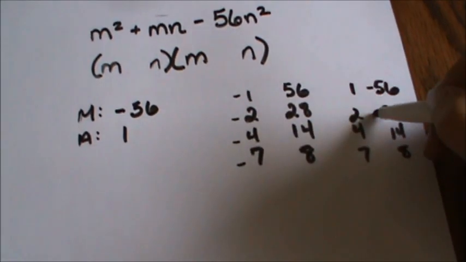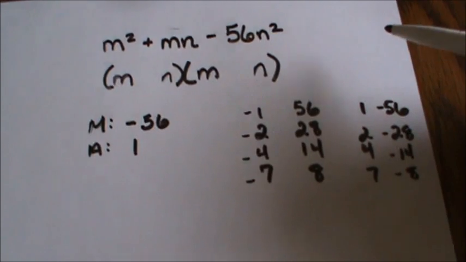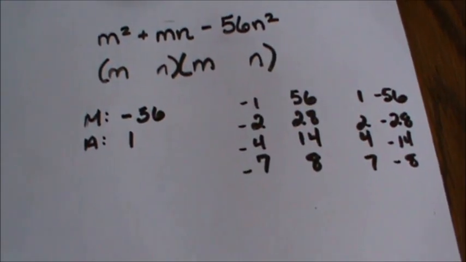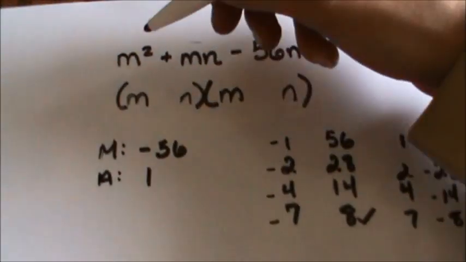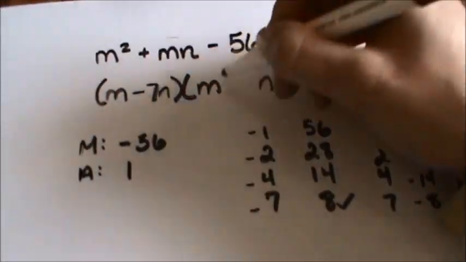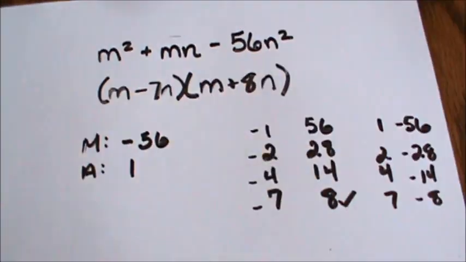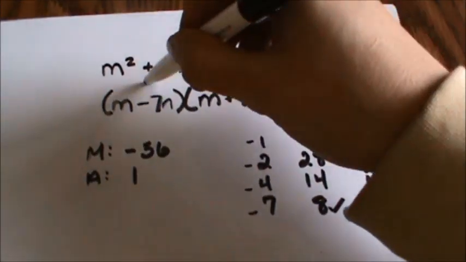And all of these could also be negative. Now which of these pairs of numbers add up to be positive 1? This one right here. So I know up in my final answer I'm going to write a negative 7n and a plus 8n. Final answer.